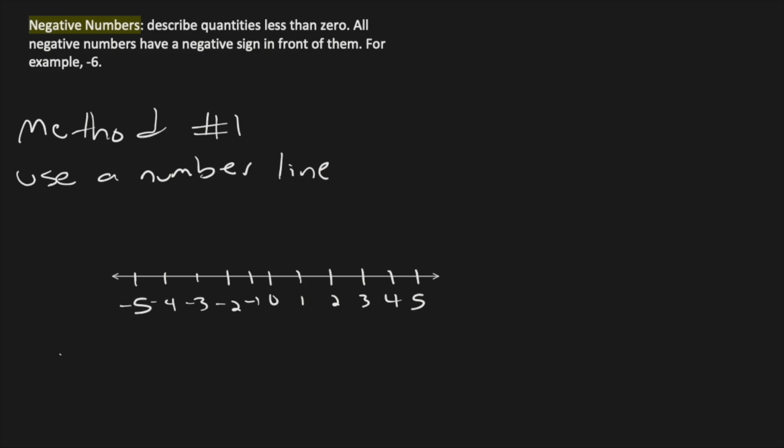So we can see that from the 0 forward, it's positive numbers, and everything on the left side of the 0 is negative numbers.